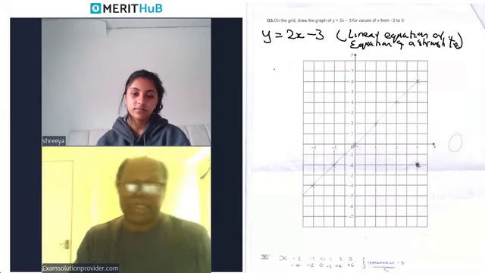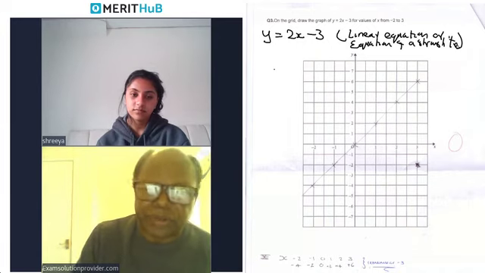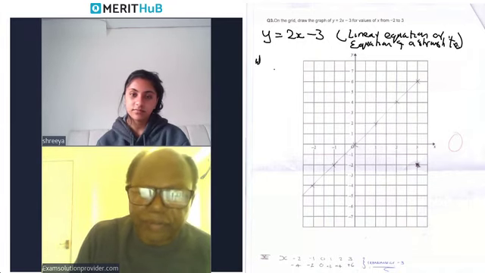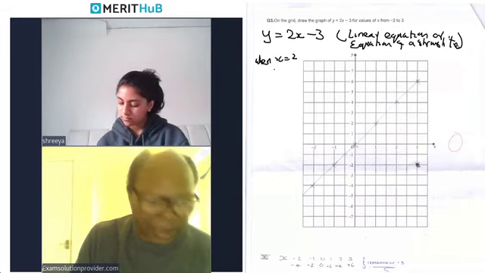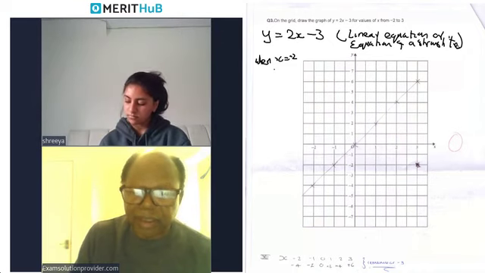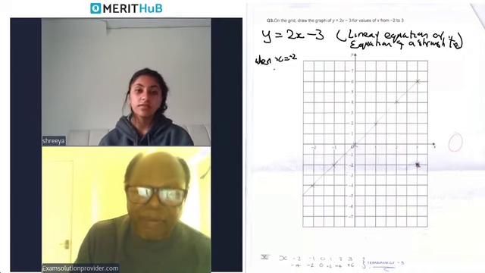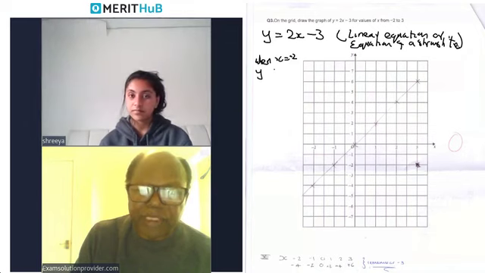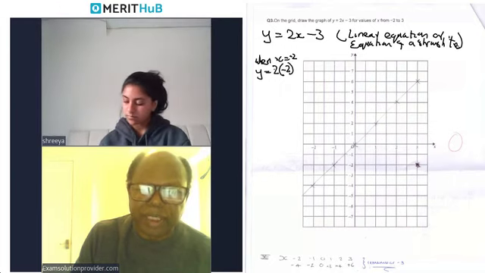So what we need is to find the value of y when x is minus 2. So write down when x equals minus 2, because that's the value they have given us. Then we need to find y. So to find y, we need to substitute this into that equation. So y equals 2 bracket, where there's x, we're going to put minus 2, and then minus 3.